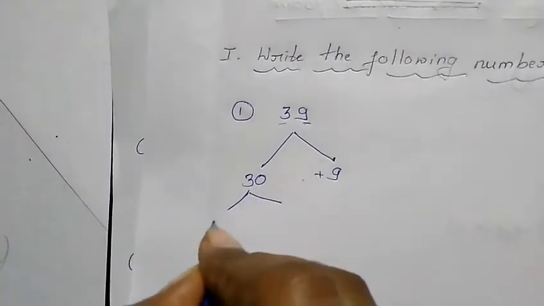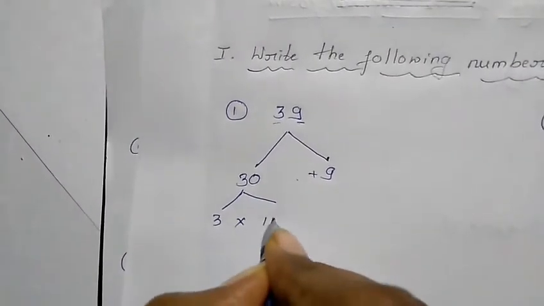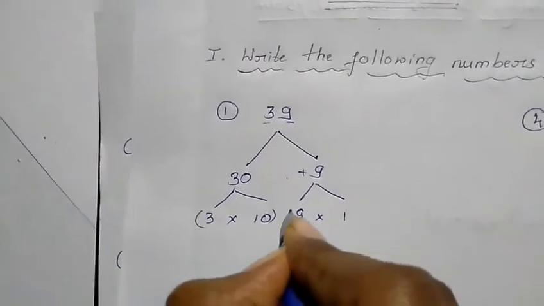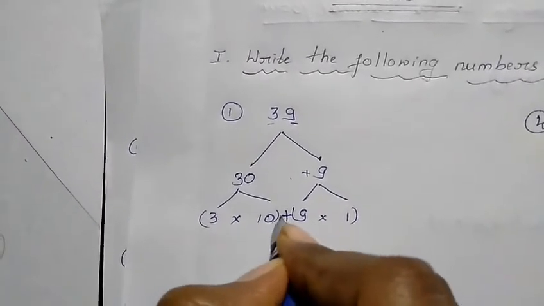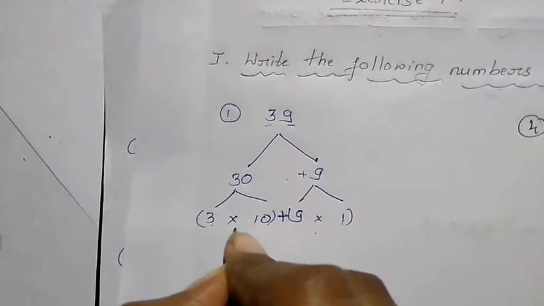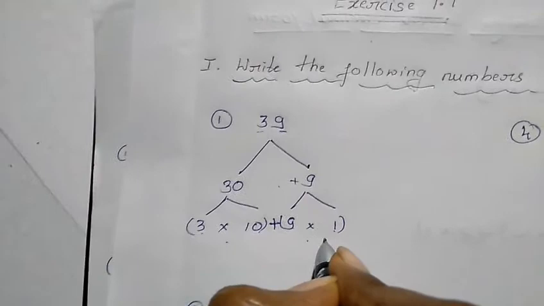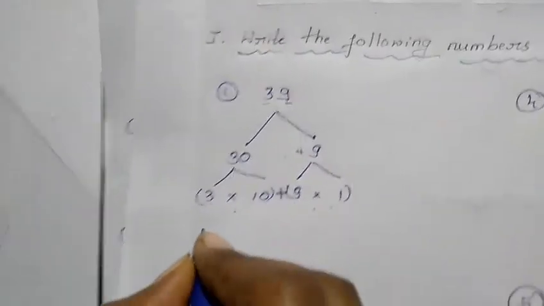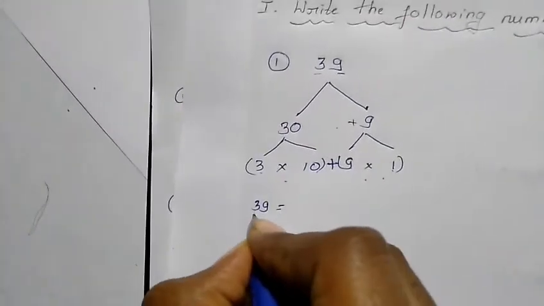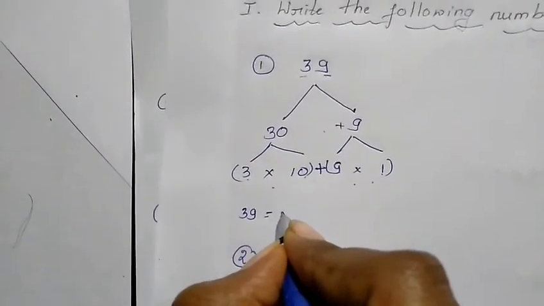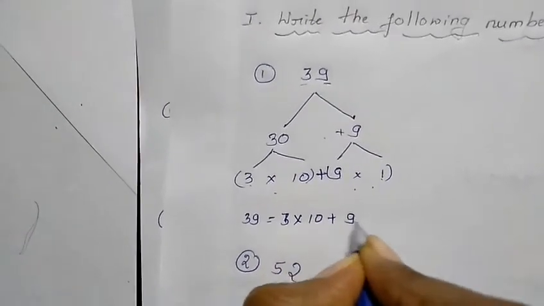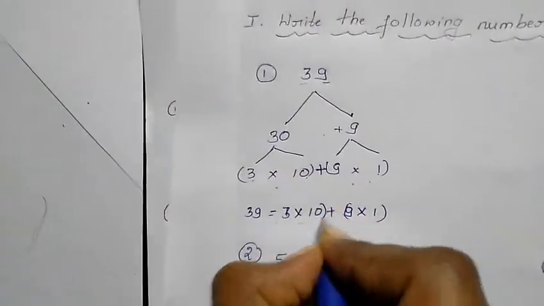Then again 3 into 10 and 9 into 1, so these two get added. 3 into 10 is 30, 9 into 1 is 9, so 30 plus 9 is 39. So the generalized form of this 39, that is the 2-digit number, is equal to 3 into 10 plus 9 into 1. You have to put the bracket.